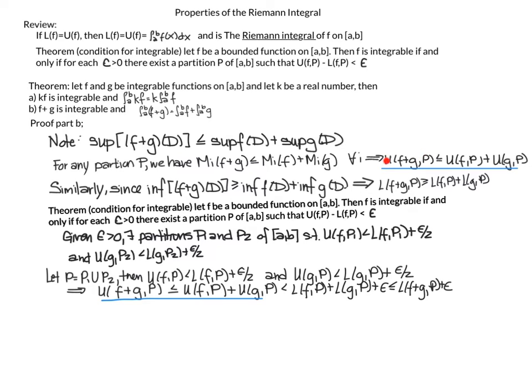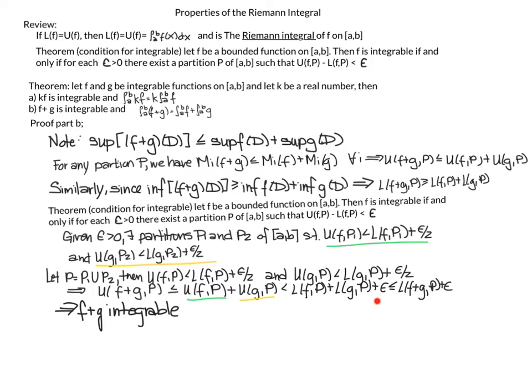So our upper sum of f plus g with respect to P is less than or equal to the upper sum of f with respect to P plus the upper sum of g with respect to P. Now I'm going to substitute the lower sum of f with respect to P plus epsilon over 2 for the upper sum of f with respect to P, and replace the upper sum of g with respect to P with the lower sum of g with respect to P plus epsilon over 2.